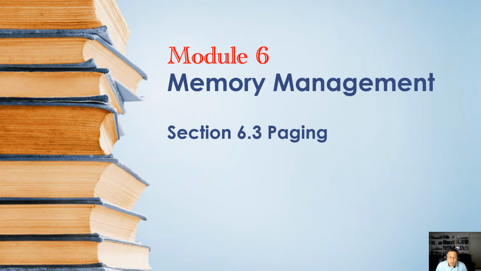Now, we find out that using these memory management approaches, there's an issue of external fragmentation, which results in the loss of usable memory space. So, in this section, section 6.3, we're going to talk about the other approach, called paging. We're going to use paging to solve the issues of external fragmentation.